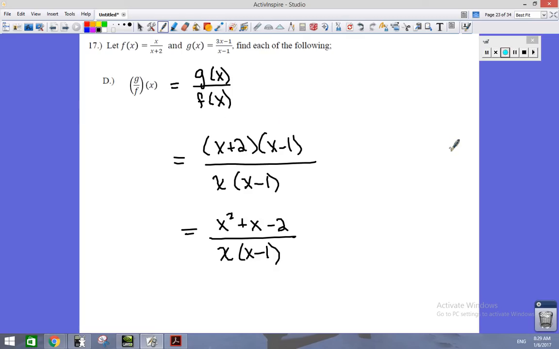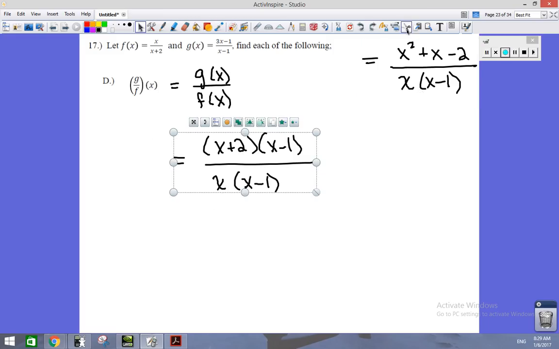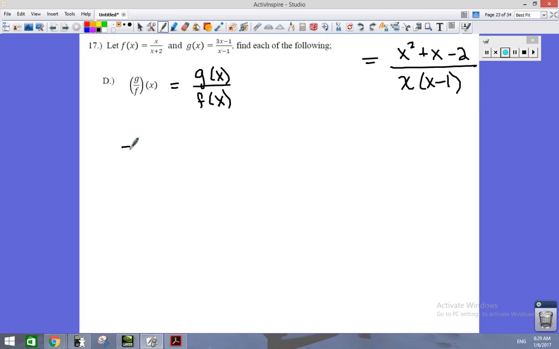Now, if you didn't think of that, suppose you were taking a test and you just didn't think to use that previous answer, let's prove that this is the correct answer we would get if we worked it out just like we did in part C. So if I recognize that this is a complex fraction, 3x minus 1 divided by x minus 1, and f of x is x over x plus 2, since this fraction bar represents division, I can change it to multiplication.